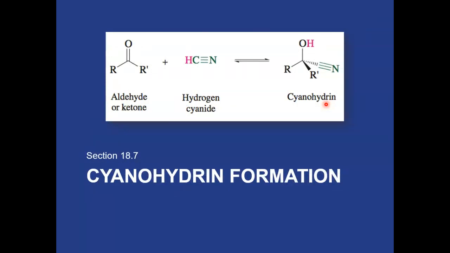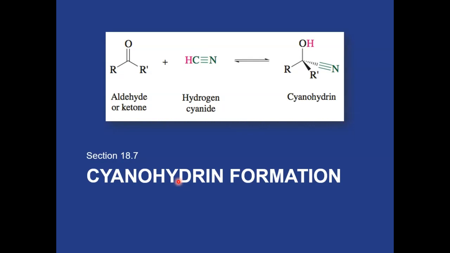The next one we will see is called cyanohydrin formation. A cyanohydrin is a product where you have a carbon simultaneously bound to the OH group, which is where the name hydrin comes from, and also bound to the CN group, the cyano group. That's why it is called cyanohydrin.